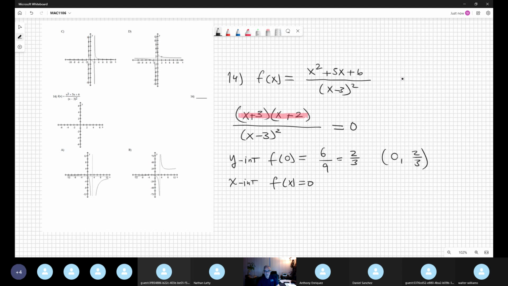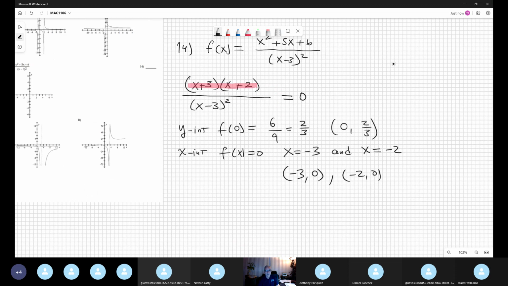It is obvious that the solutions for this equation are negative 3 and negative 2. Therefore, expressed as ordered pairs, they are (minus 3, 0) and (minus 2, 0). This is my collection of the x-intercepts. Okay.